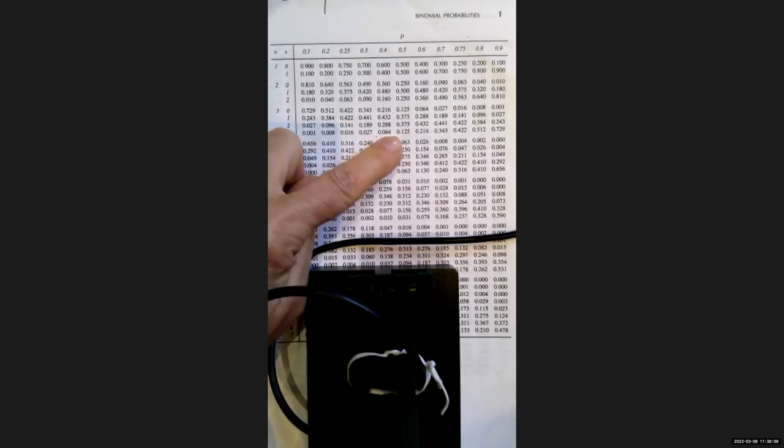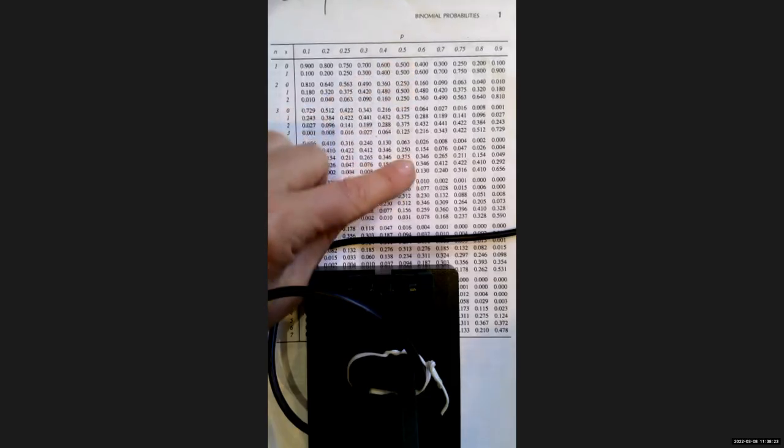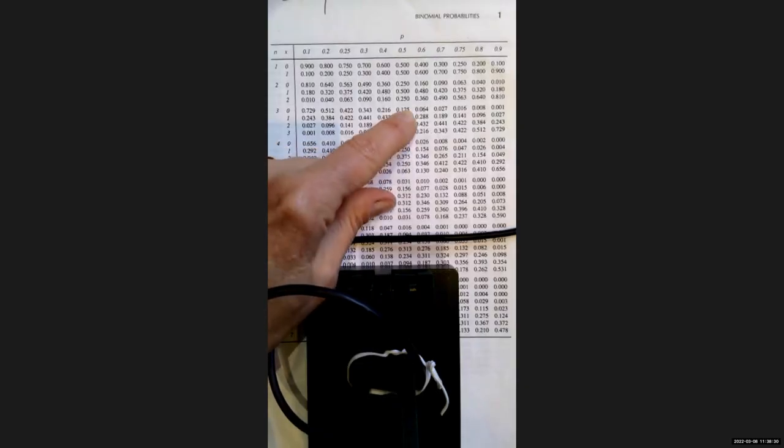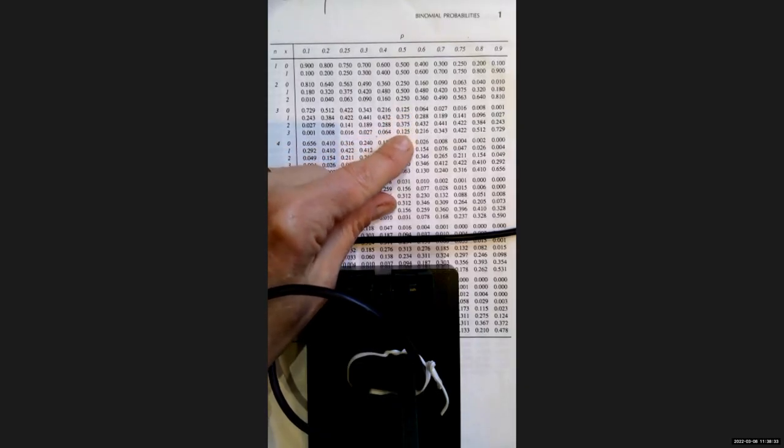So when we looked at probabilities early in the semester, we looked at how many children, if we get children that are half boys and half girls. So if our probability is 0.5 of getting a boy for every child that we have, and we have 3 total children, what is our probability of getting 0 boys, of getting 1 boy, of 2 boys, of 3 boys? If that was our question, then all we have to do is read it off the table.